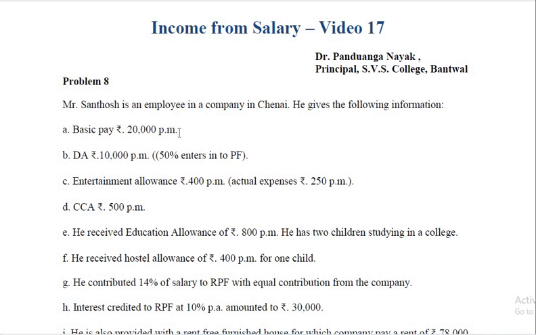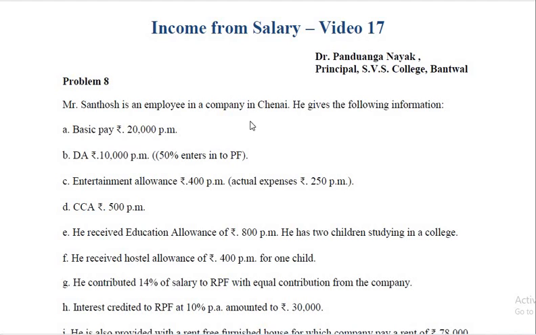The procedure is: actual entertainment allowance received 400 into 12, or rupees 5,000, or 1/5 of basic salary. Out of the three clauses, the value which is least is exempt.